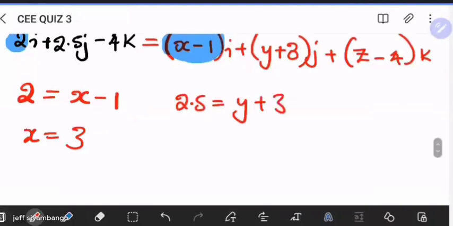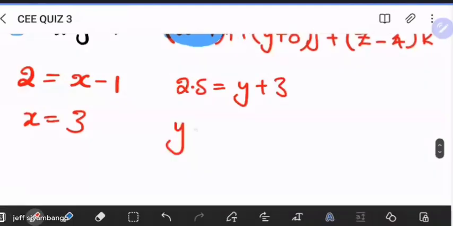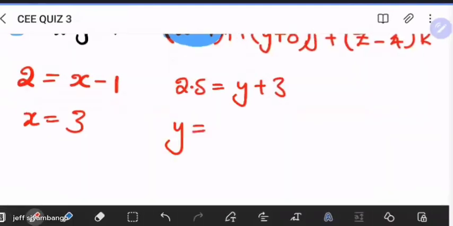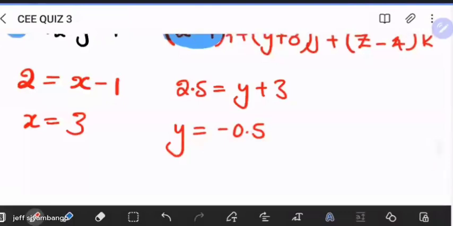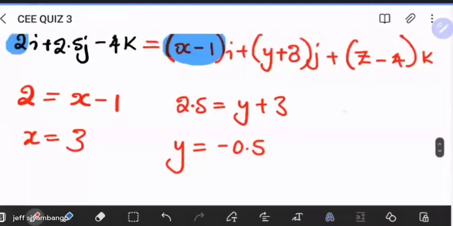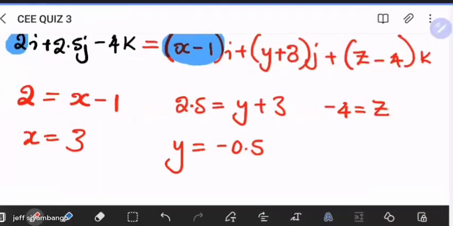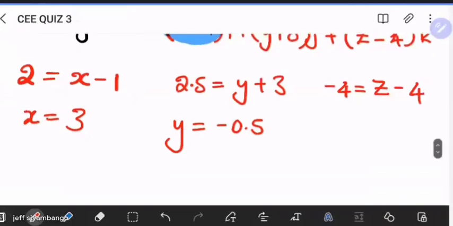From here, y is equal to 2.5 minus 3, that is -0.5. In the same way, for z, we have -4 equal to z minus 4. When -4 goes to the other side, we get z equals 0.